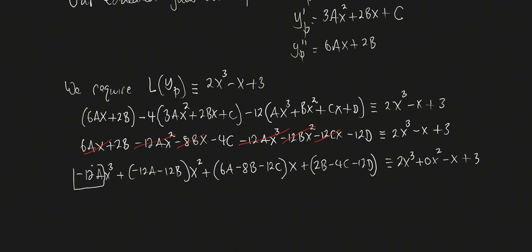So this coefficient has to be equal to this coefficient. This coefficient has to be equal to this coefficient. This coefficient has to be equal to this coefficient, which is a -1. And finally, this constant term, still called a coefficient, has to be equal to that coefficient, right?